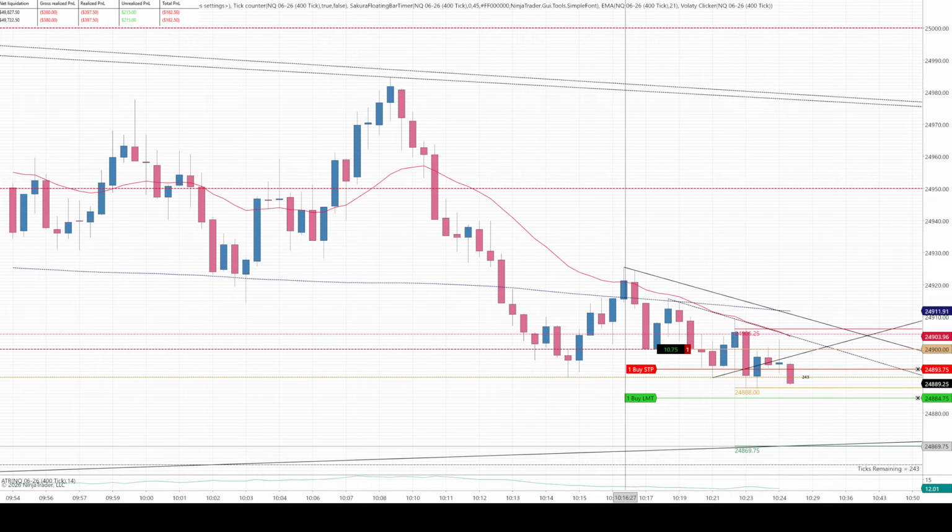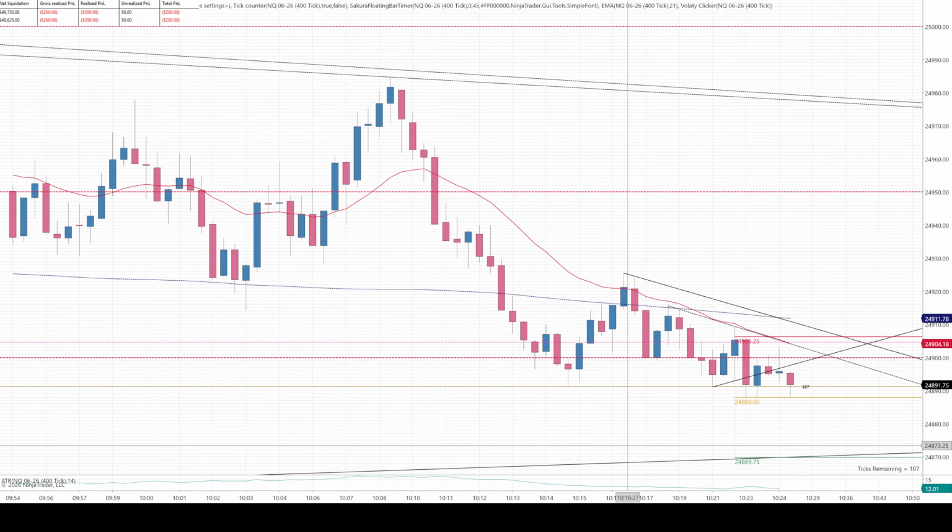There we go. Keep going, keep going. We got something off. At least it's a winning trade. We've had 3 losers and 1 winner.